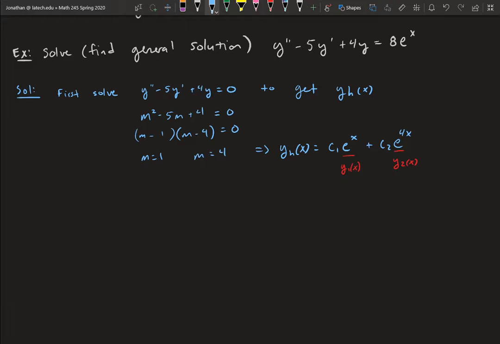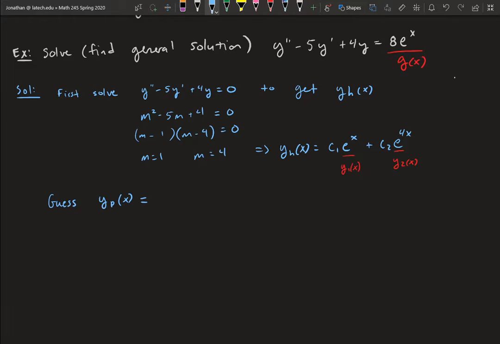Now let's guess our y_p. We base our guess on the form of g of x. Here g of x is a constant times e to the x.